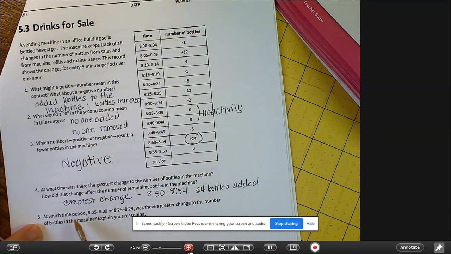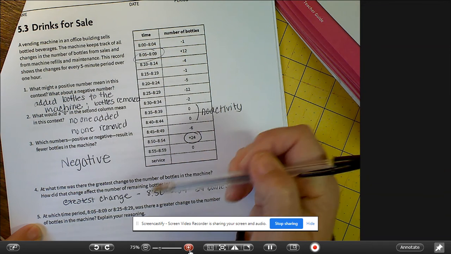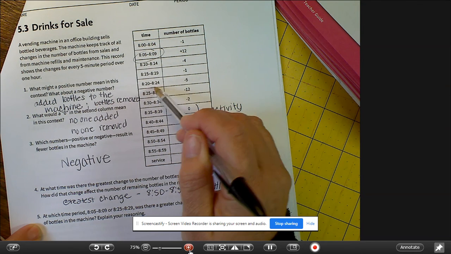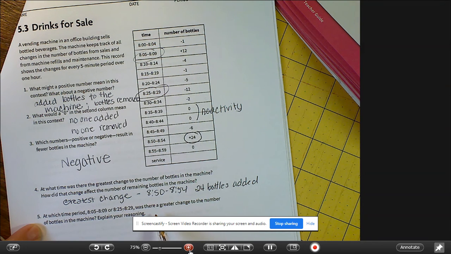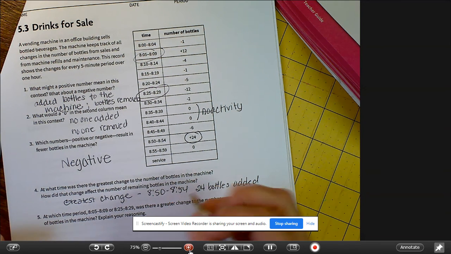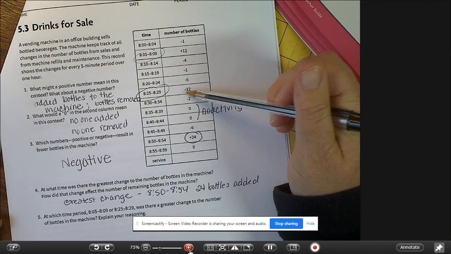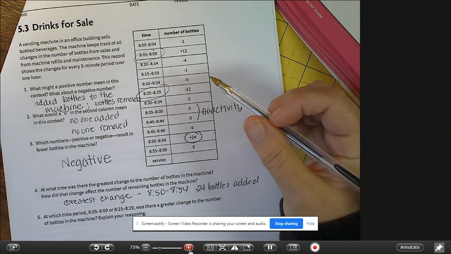Okay, and then at number 5, at which time, 8:05 or 8:25, was there a greater change to the number of bottles in the machine? Explain your reasoning. So a positive 12 and a negative 12, there's still a change of 12 items.